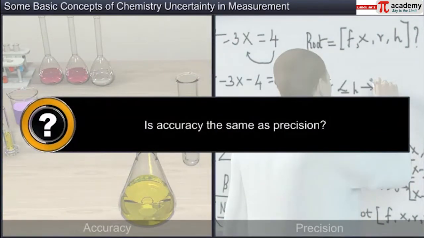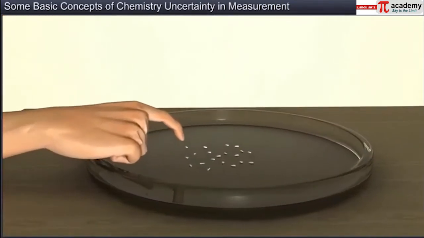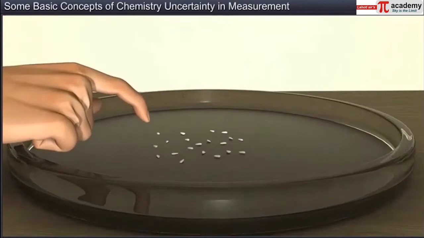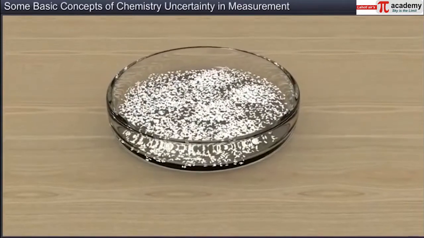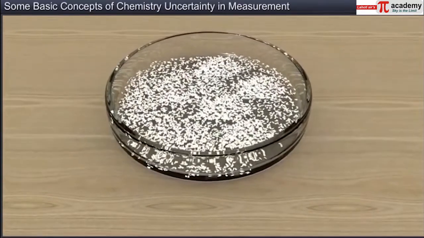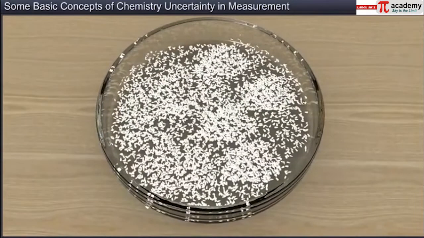Let's see. If we have a few grains of rice scattered in the plate, we can easily count them and say that they are 20 in number. However, what if we were asked to count the rice grains in this bowl? We would count them, but due to the large quantity, we may not be able to confirm if our count is accurate.